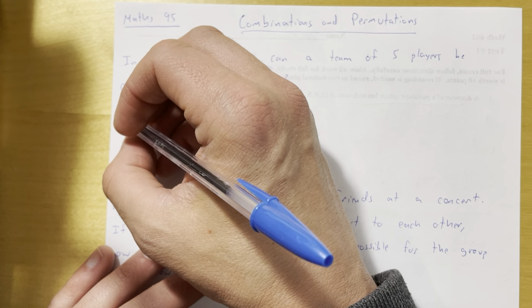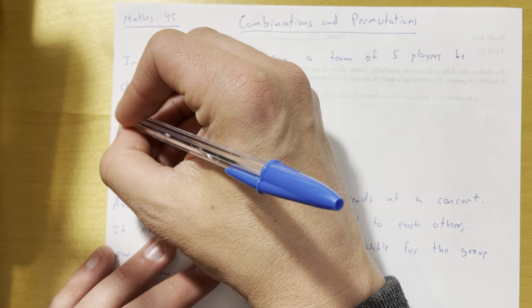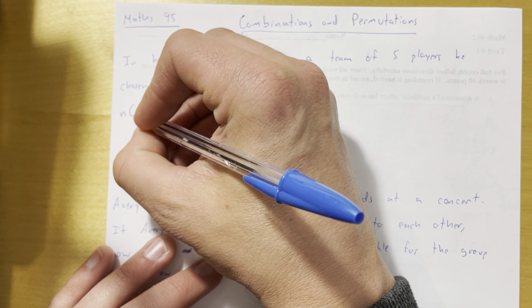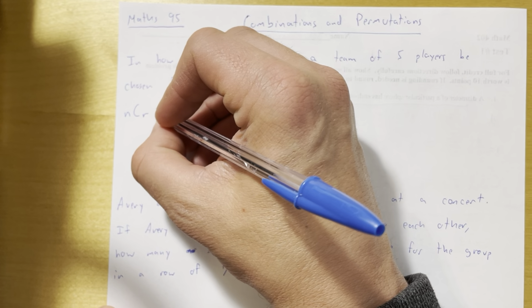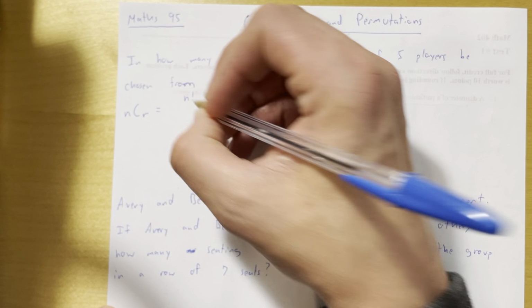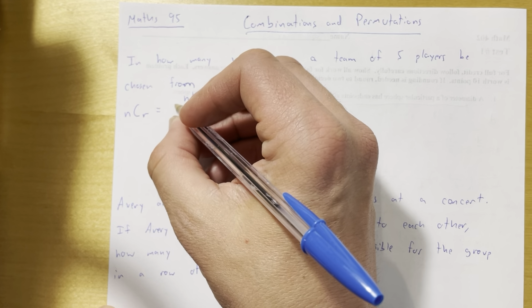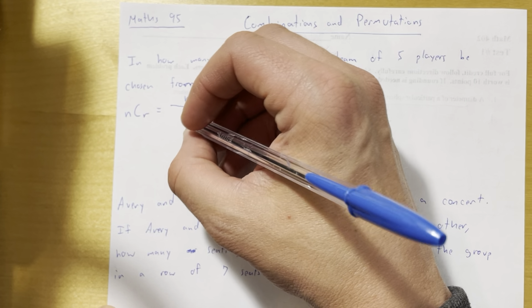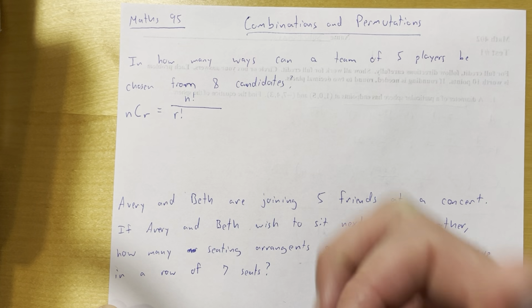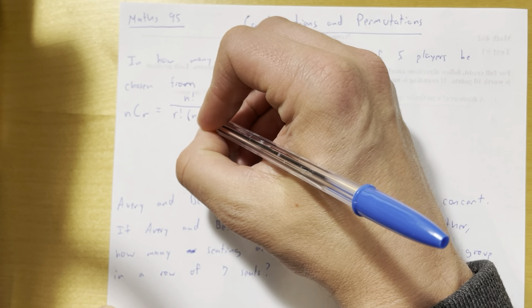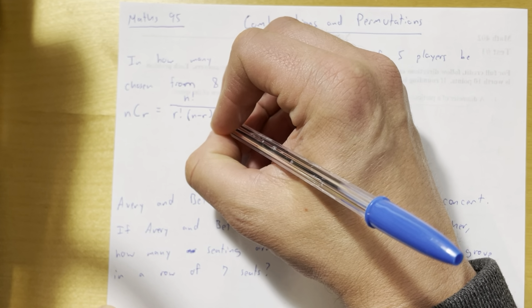So what is the formula for a combination? Here's the general formula. nCr, we read this as n choose r, and it's equal to n factorial, n being the number representing the total that we're choosing from, over r factorial, where r is the number from that total that we're choosing, times (n minus r) factorial.